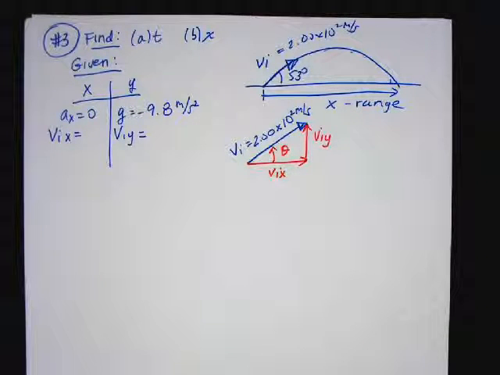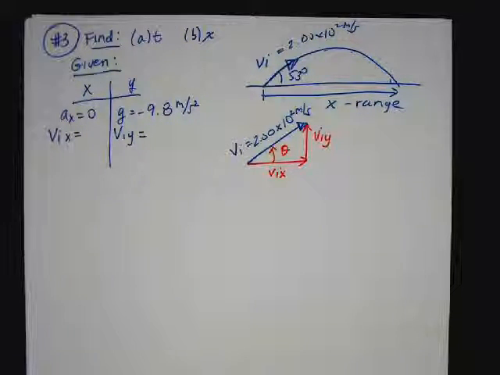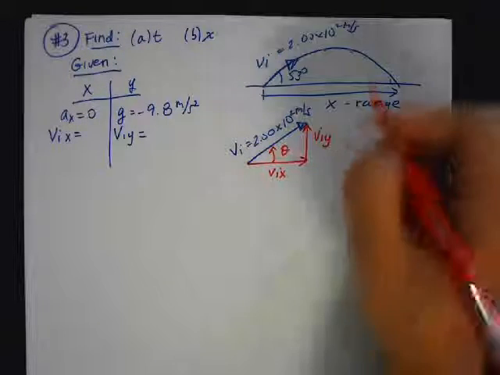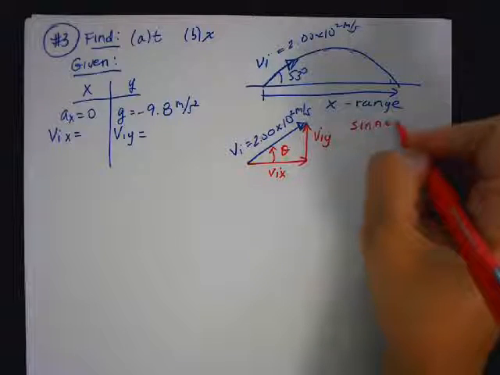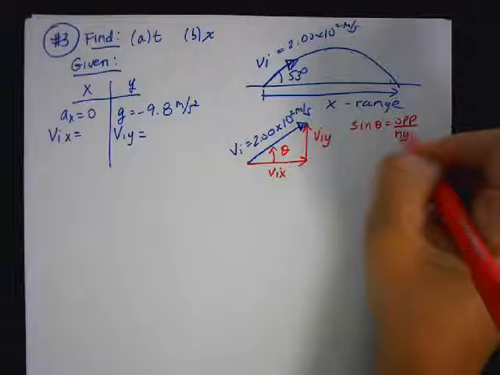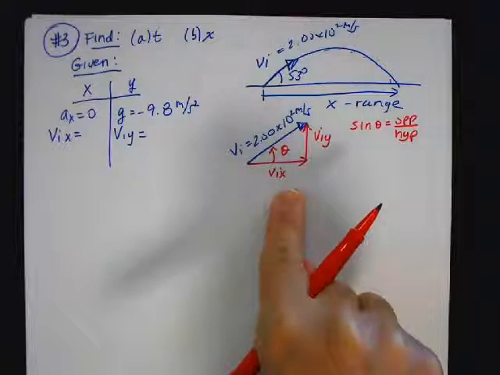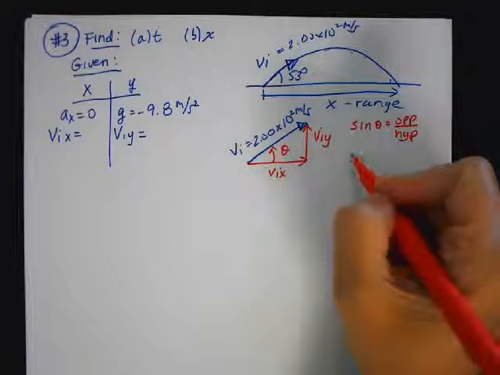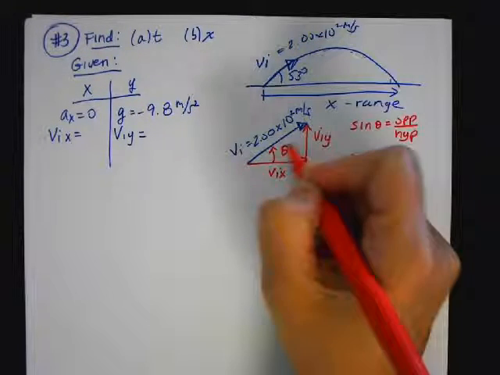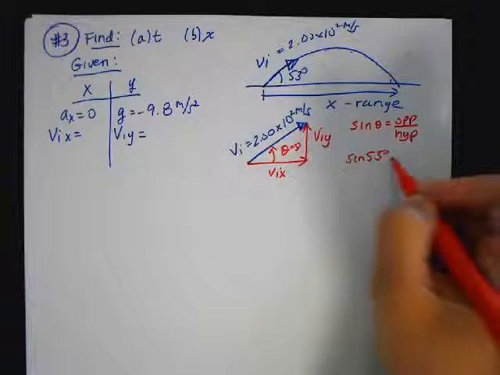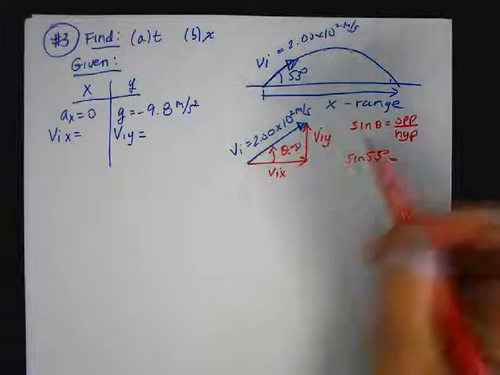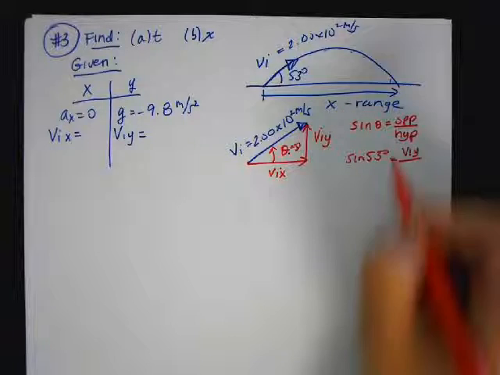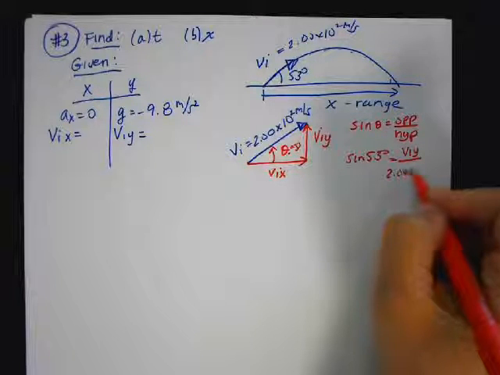Now, let's say you're not sure. Do I use sine, or cosine, or I don't know? Well, let's just start with the first one. I know sine of theta is equal to opposite over hypotenuse. So now I'm going to look at my little triangle and say sine of 53 degrees, because this is 53, is equal to opposite. What's opposite? VIY. Over the hypotenuse, which is 2 times 10 to the 2.